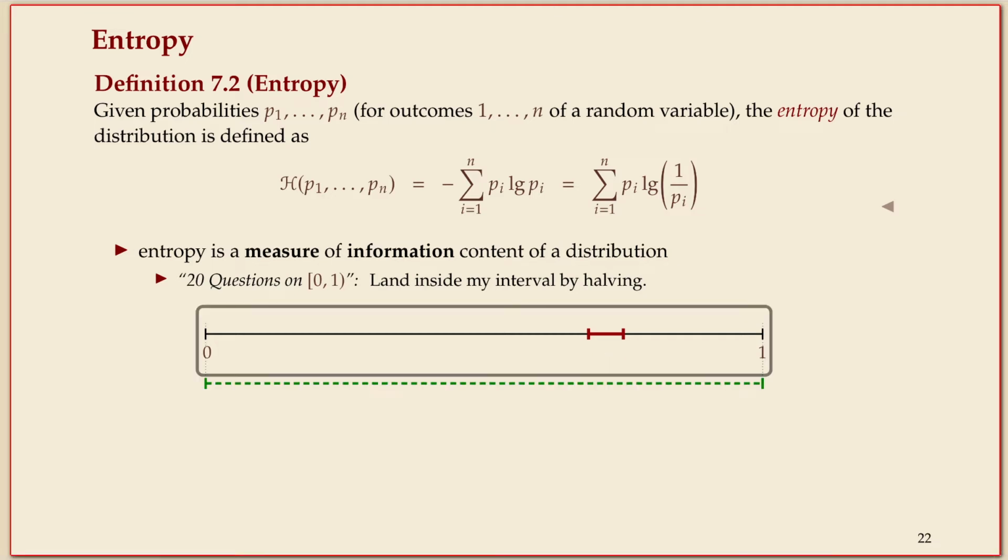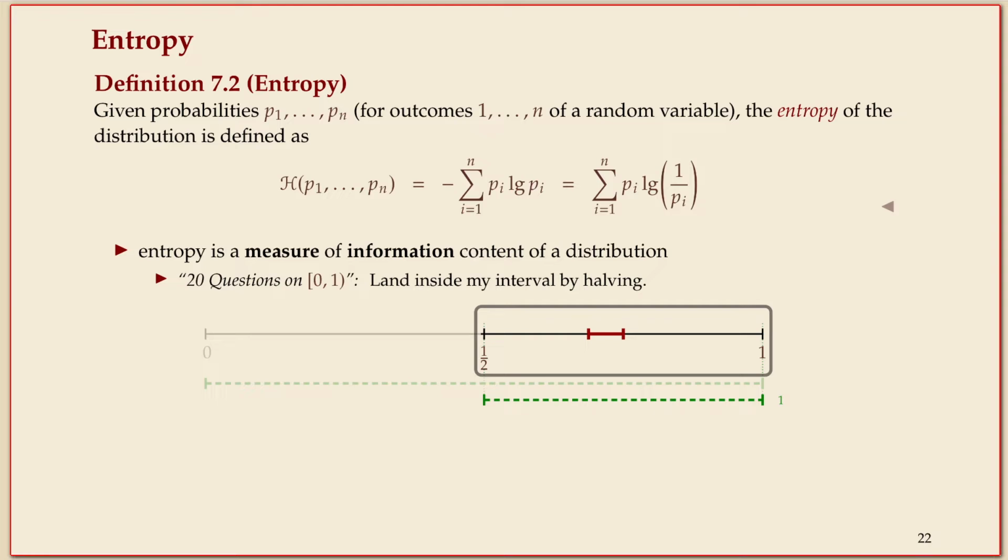So the first question you ask starts with the entire interval and asks, is it in the left or right half? That's the best you can do because it's equally likely to be in the left and the right half. So with one question, you can narrow down the range from the full unit interval to half of that. And your friend will tell you which one it is. And then you just keep going.